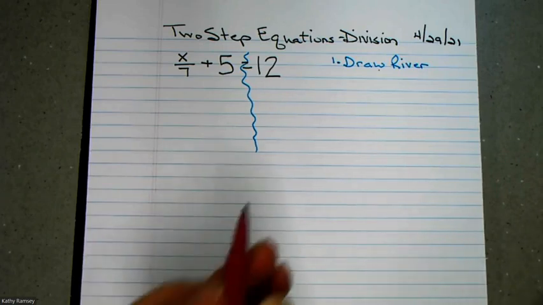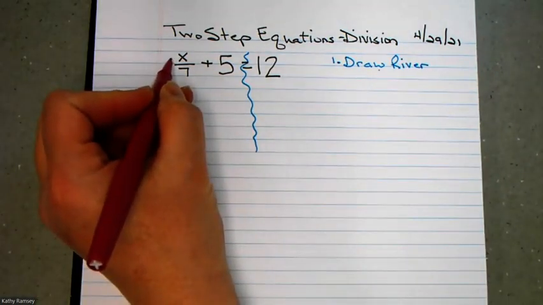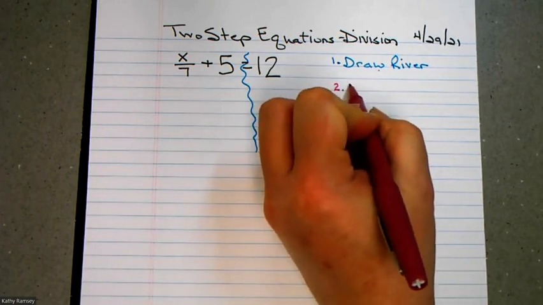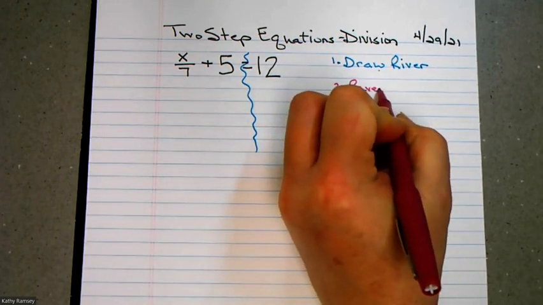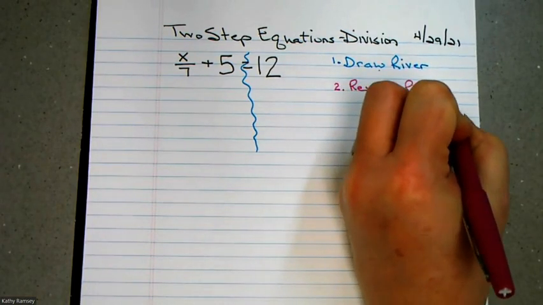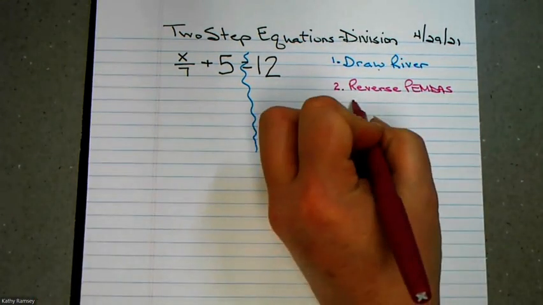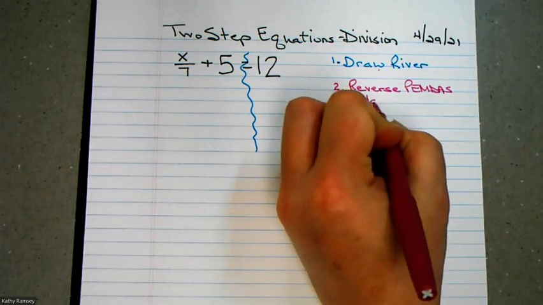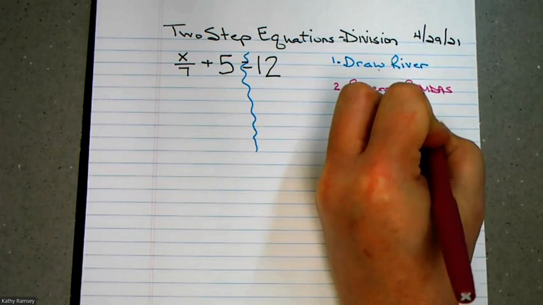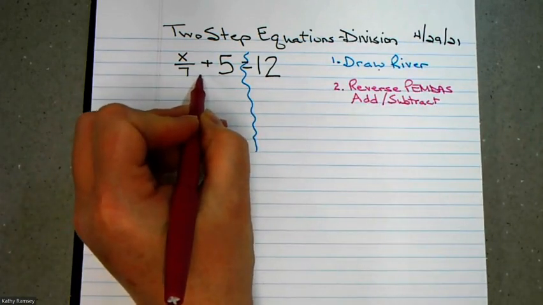Okay. So if you remember, our goal is to get x alone. And when we're doing equations, we're going to reverse PEMDAS. So what that means is we're going to start with adding and subtracting to get rid of things that are near the x.